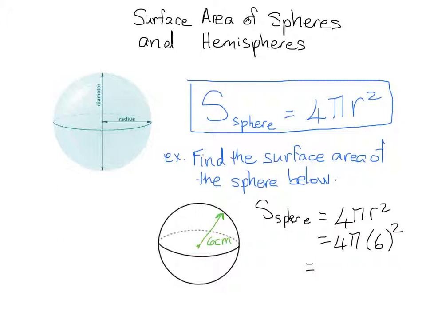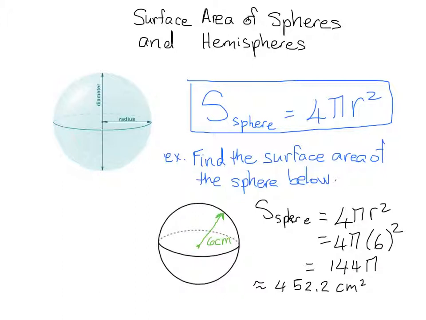When you work that out, you should get 144 pi centimeters squared, which is approximately equal to, if you do it on your calculator, 452.2 centimeters squared. And that's how you find the surface area of a sphere.